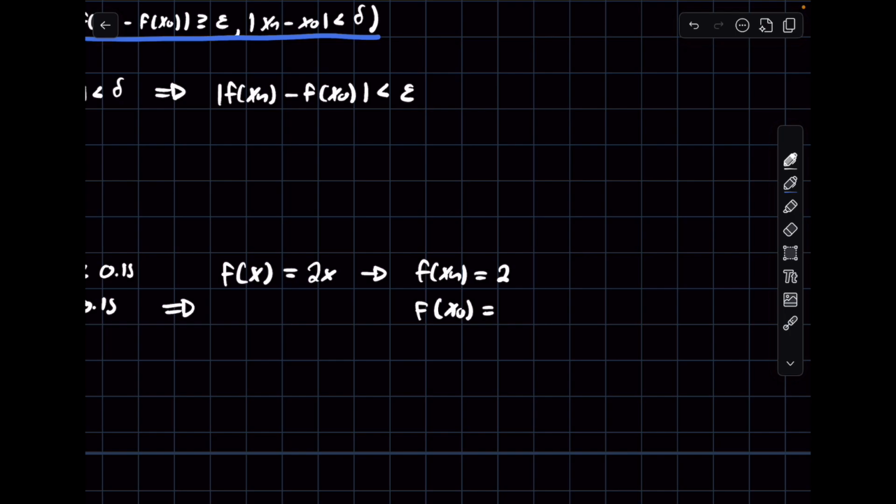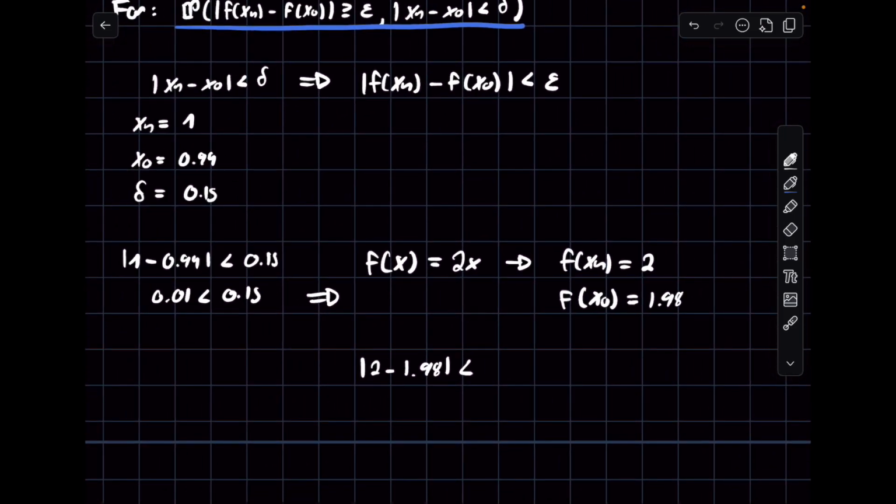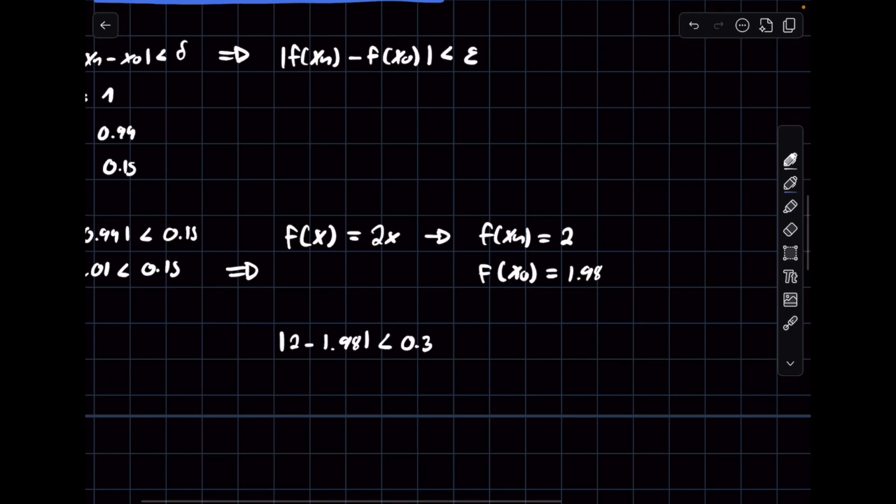That's going to give us 1.98, meaning that 2 minus 1.98 is going to be lower than, let's just say this is times 2 again, 0.3. So epsilon in this case is going to be 0.3.